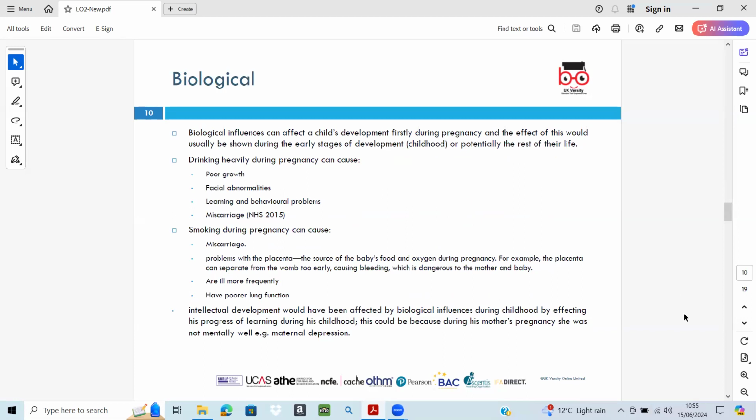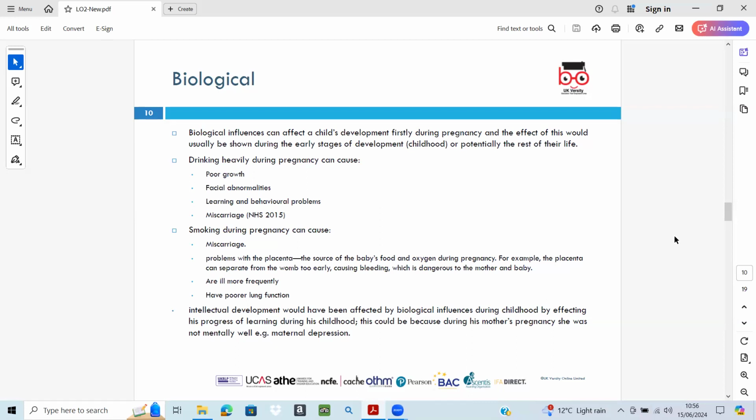So now we have to discuss the biological factors. Here they have given an example of child development. Biological influences can shape a child's development starting from pregnancy, with potential effects manifesting in early childhood and possibly extending into adulthood.